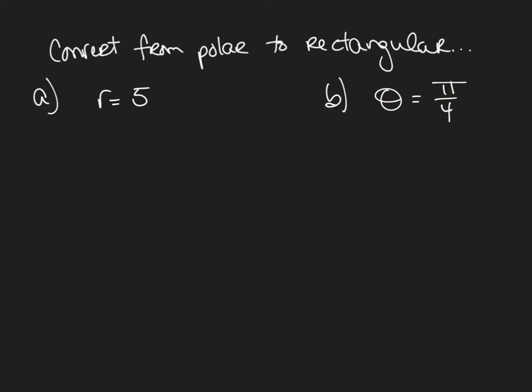All right, when you are converting polar to rectangular, you have types of equations, and so you have certain things you have to do every time you see a certain type. Anytime I see r equals a number, just plain old r equals a number, okay? What I'm going to do is just square both sides. If I square both sides, then I will get r squared equals 25.